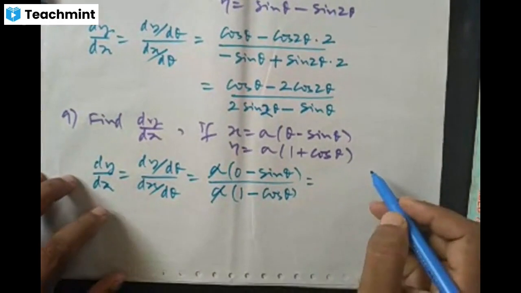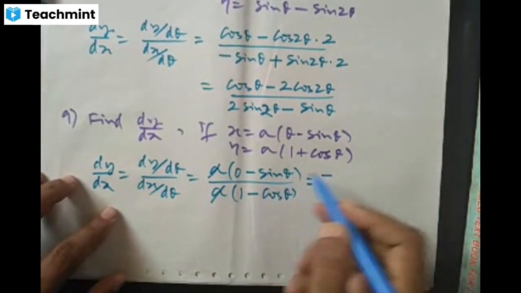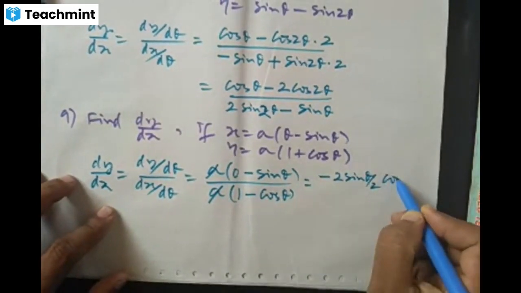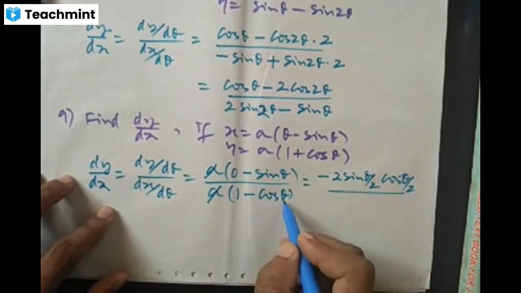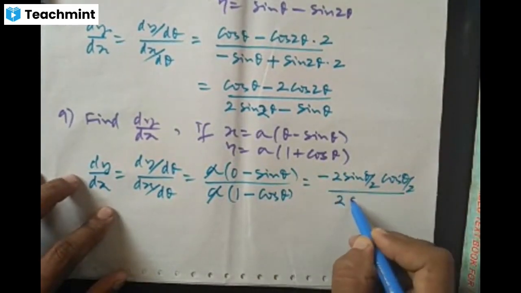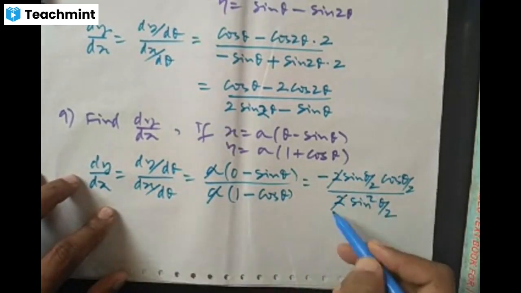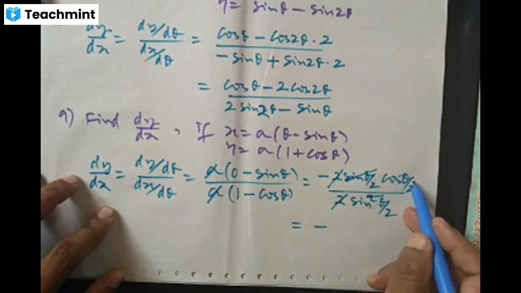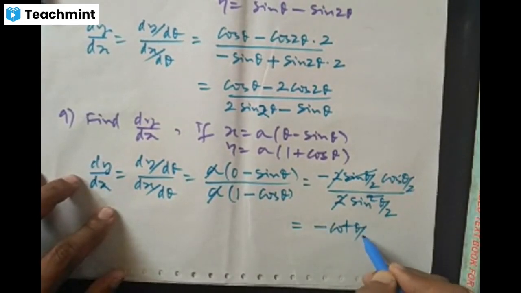Using half angle formula, I can write minus sin theta as minus 2 sin theta by 2 into cos theta by 2, divided by 1 minus cos theta, which can be written as 2 sin square theta by 2. You can cancel 2 and 2, sin theta by 2 and sin theta by 2, right? So finally we get minus cos theta by 2 by sin theta by 2, which is minus cot theta by 2.